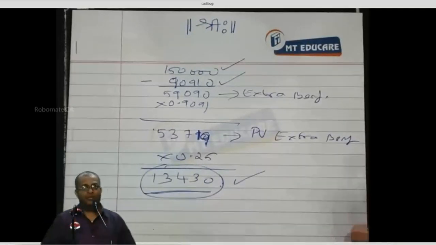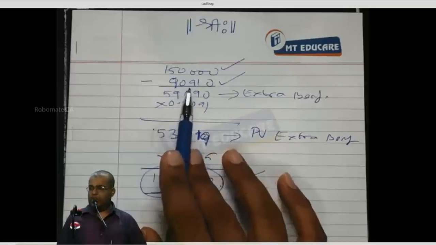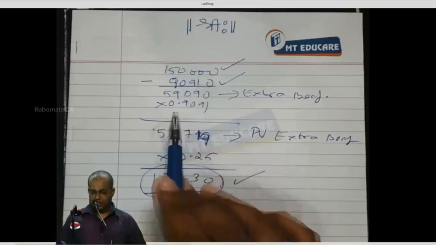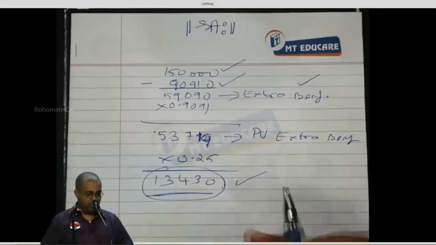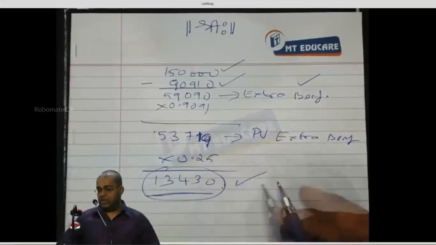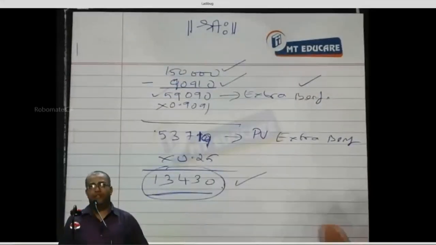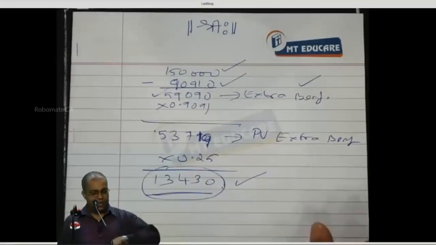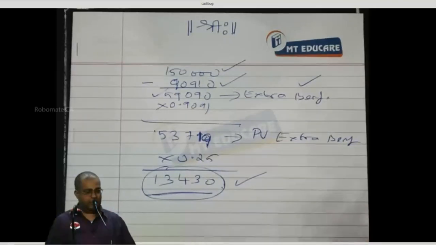Extra benefit on abandonment is equal to how much? 59,090. Extra benefit on abandonment is equal to 59,090.